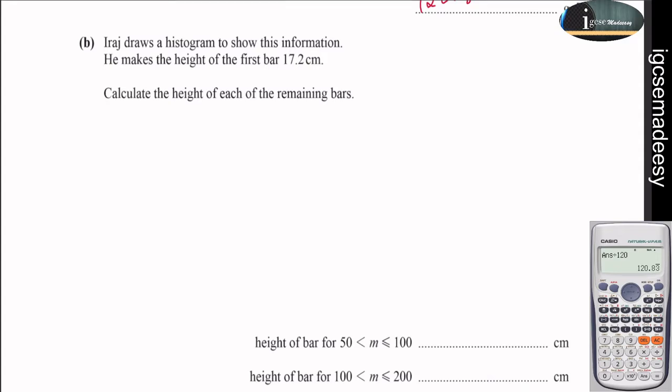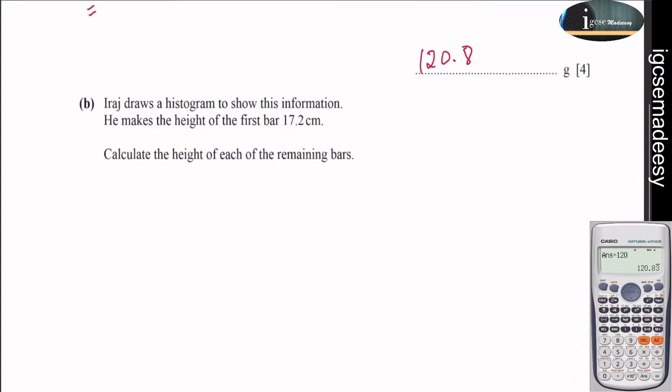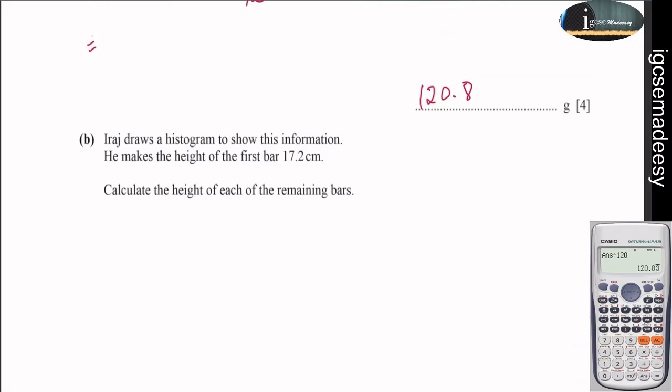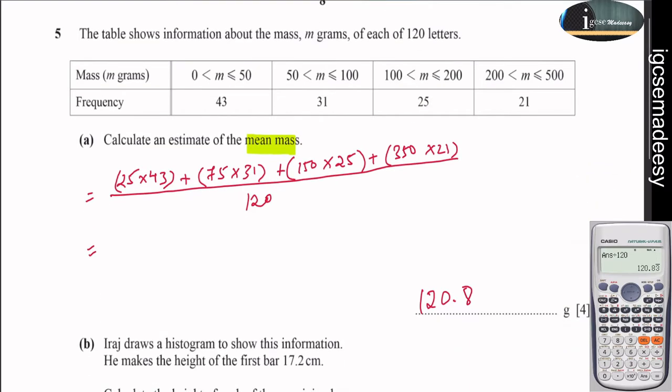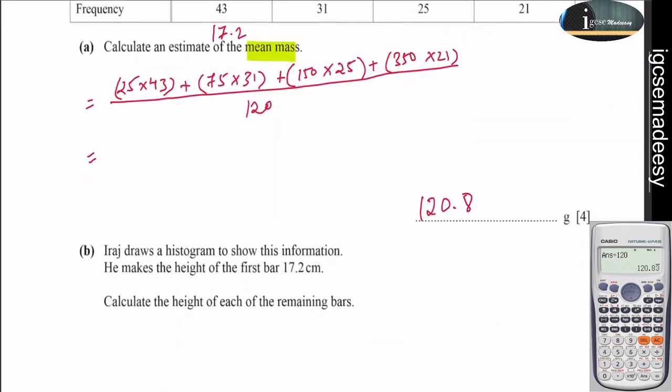Part B. Iraj draws a histogram to show this information. He makes the height of the first bar 17.2. If the height of the first bar is 17.2, we have to find the height of each of the remaining bars.